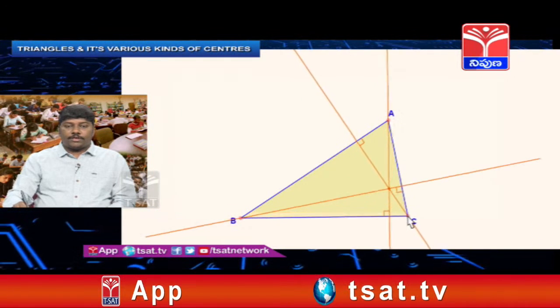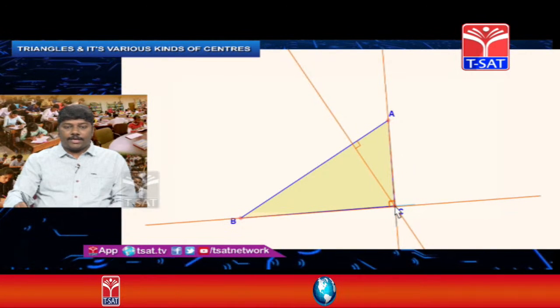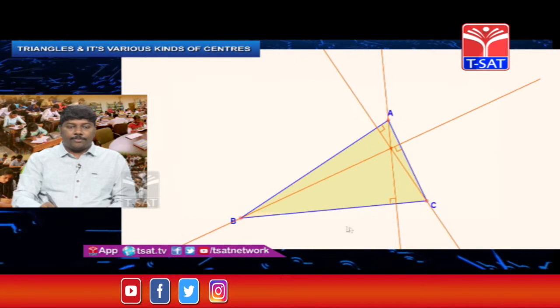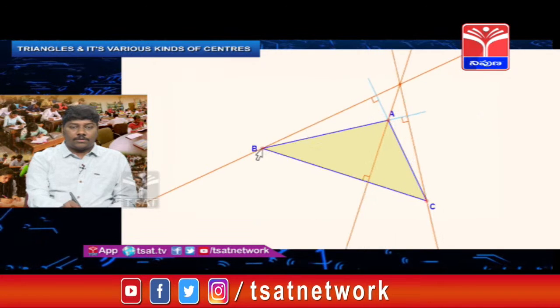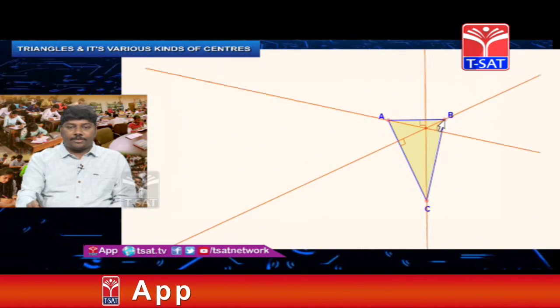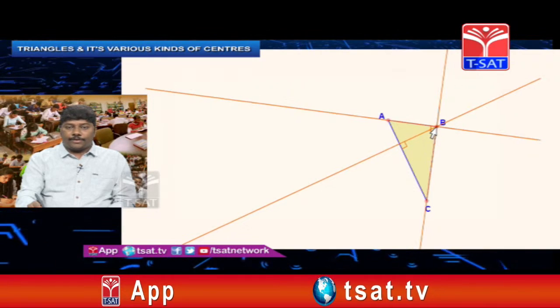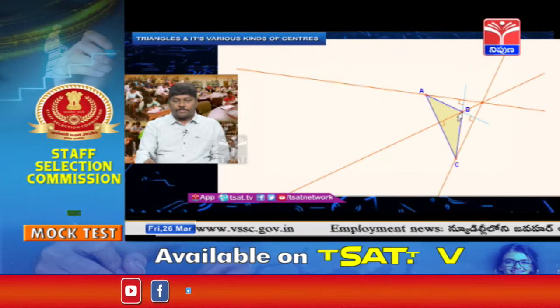So even if I take the right vertex at B, the orthocenter stays at the right vertex. Acute inside. If I go for obtuse, it goes outside.